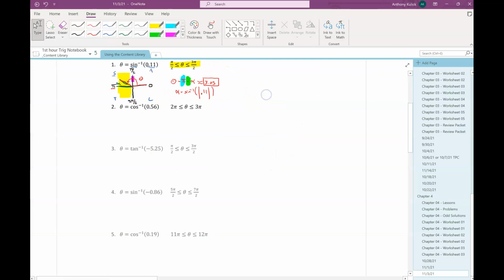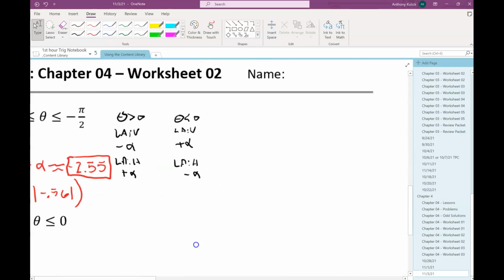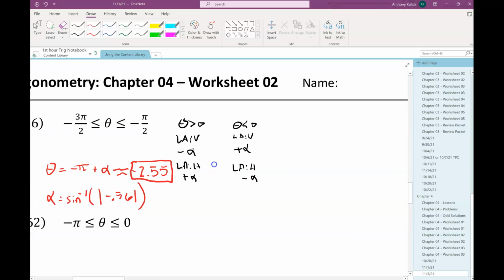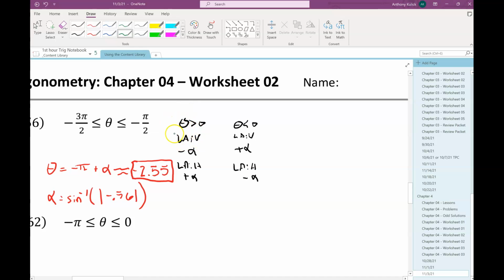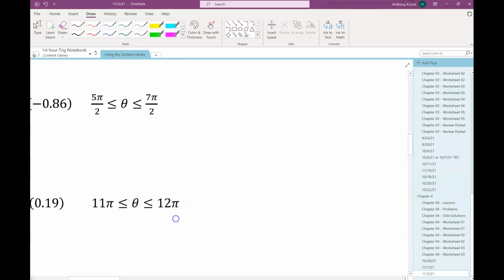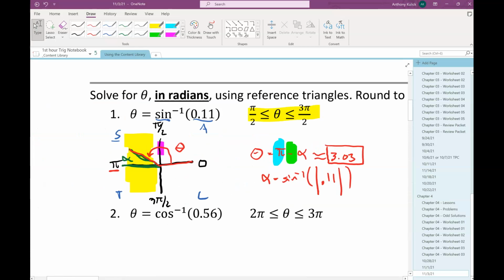So we wrote down the rule here. If theta is positive, and the last axis that you pass through when you're drawing your theta is a vertical, you subtract alpha. If the last axis you pass through is a horizontal, you add alpha. So in the previous example that we just drew, our theta is positive, and the last axis we passed through was vertical.